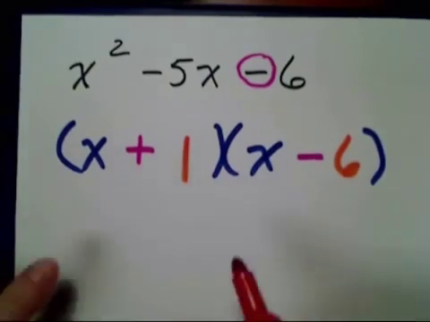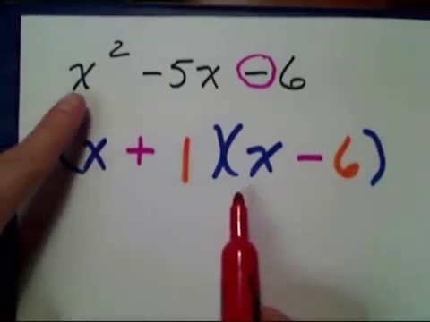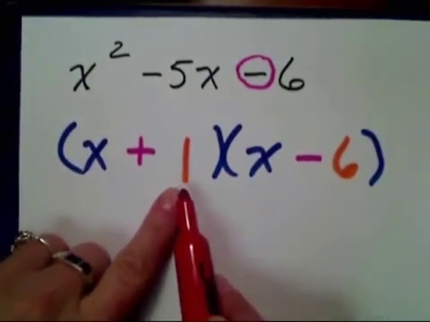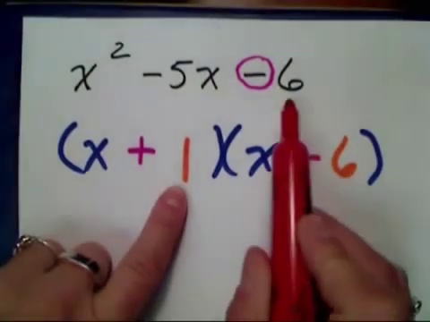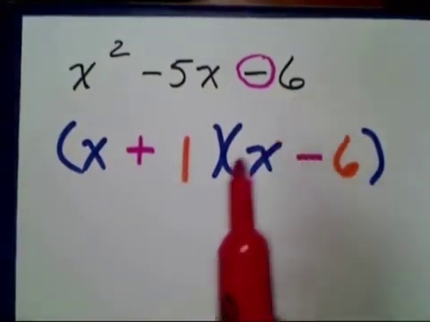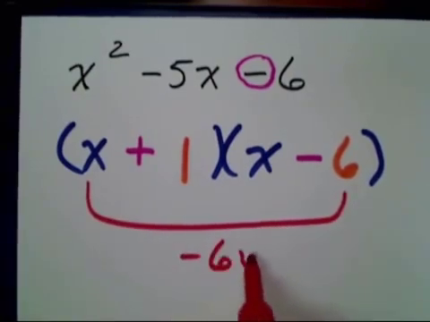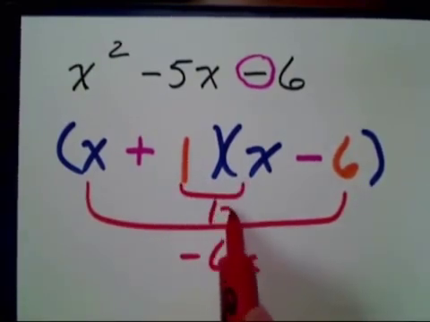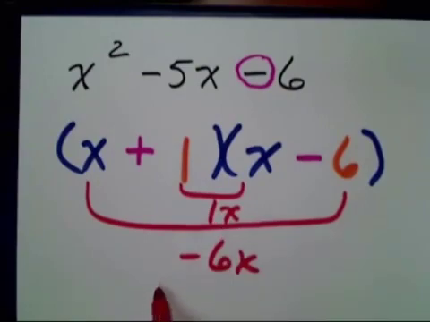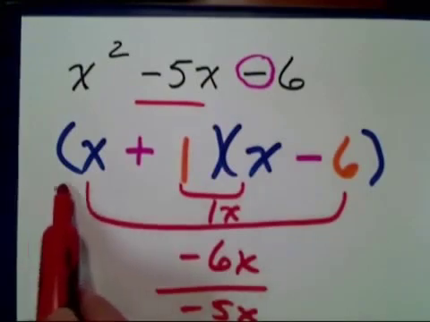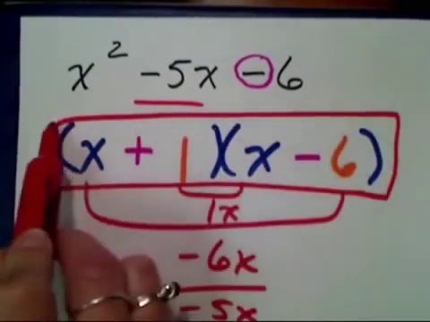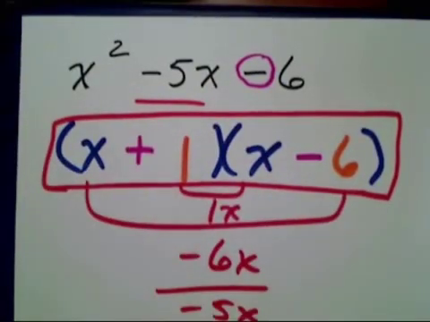Once again, I chose x times x to get me x squared. I chose a positive 1 times a negative 6 to give me a negative 6. I just need to check my outsides and my insides. 1 minus 6 is negative 5x. That's what I have here, so it checks.